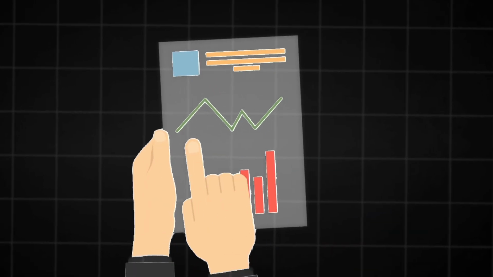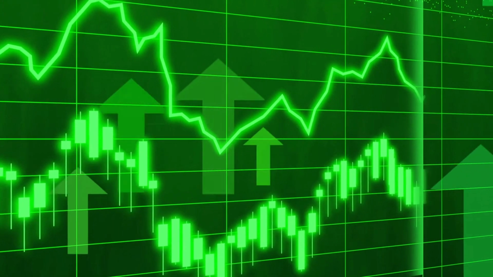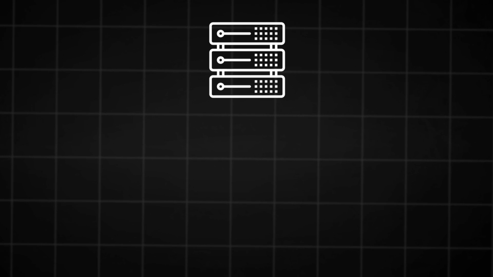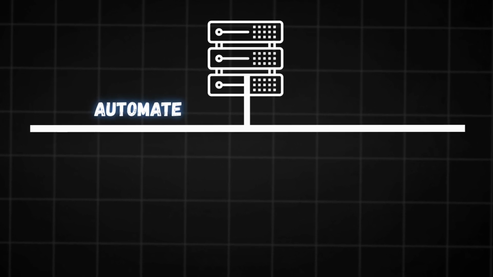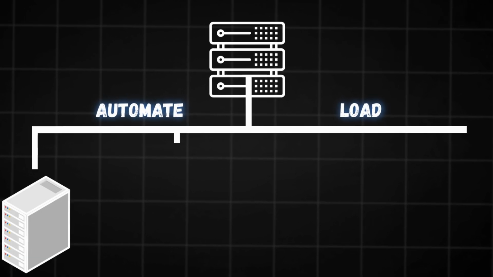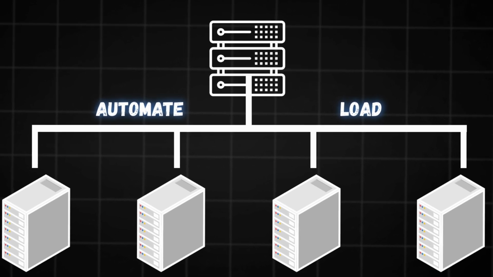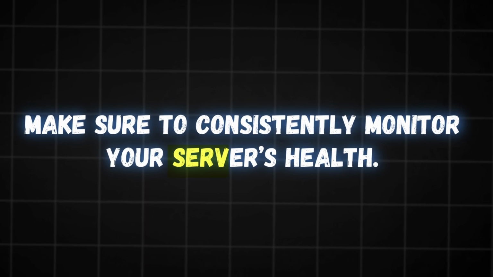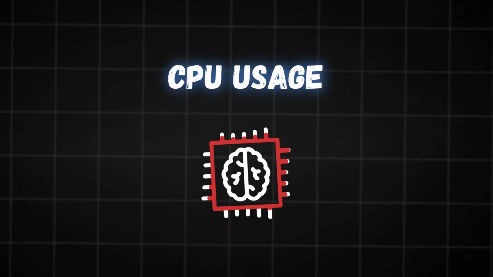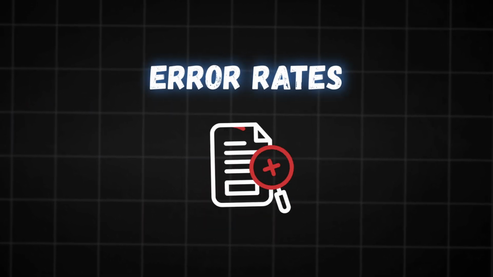Once you see potential in your idea and your user base starts growing, then set up load balancers that can automatically handle the load and launch additional servers when needed. This ensures your app remains stable under heavy load. Also, make sure to consistently monitor your server's health like CPU usage, memory, disk space, and error rates.